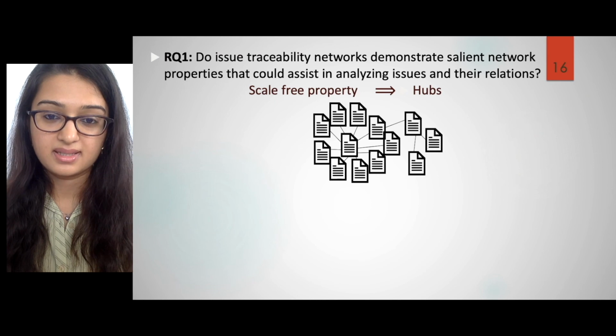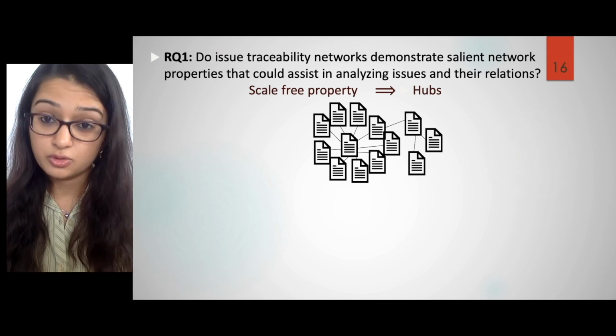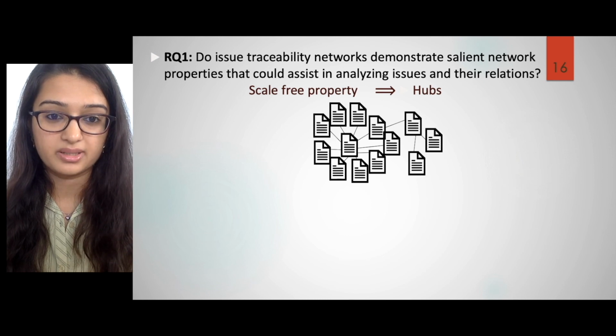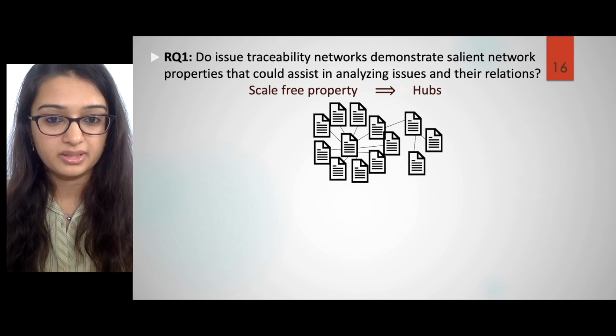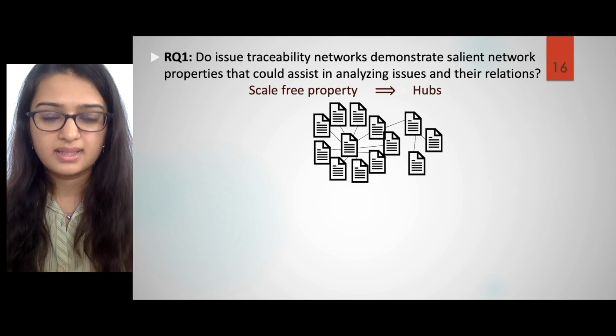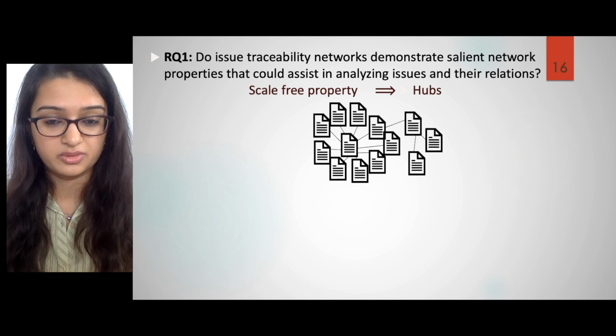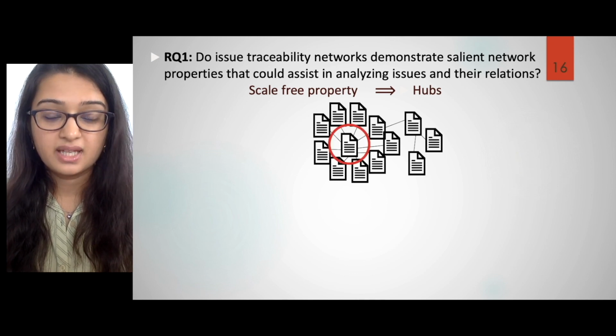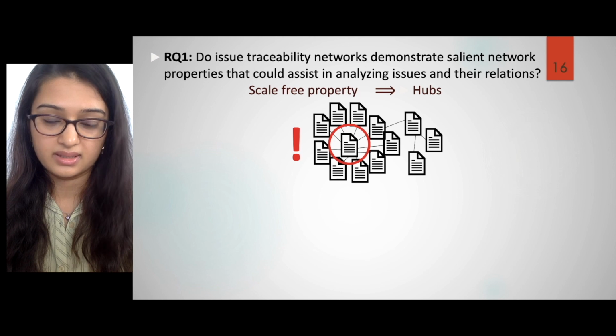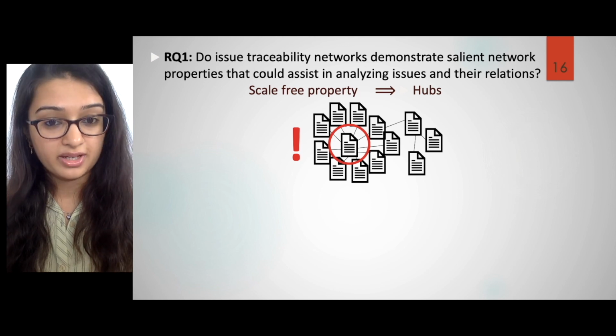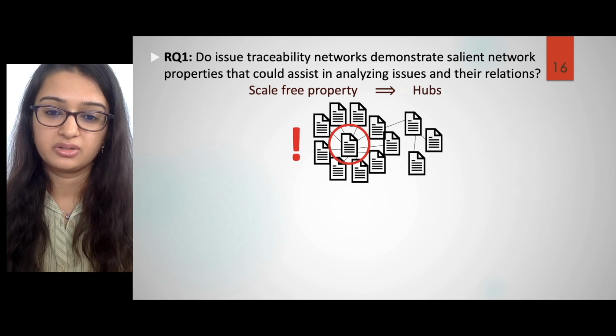To summarize and to answer our research questions, issue traceability networks do demonstrate salient network properties such as the scale-free property. This property implies the existence of hubs, that is a small number of very largely connected issues. The identification of these hubs early on in a system can help prioritize and triage critical issues.